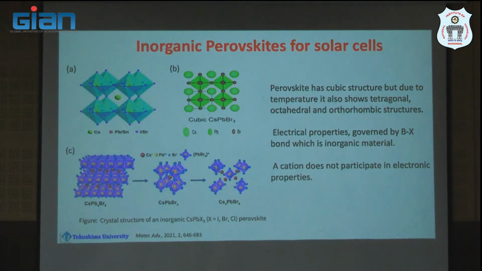This material is basically cubic form, but due to temperature it also occurs in different forms such as tetragonal, octahedral, orthorhombic structure. Basically they are cubic form, but they can be found in various forms like tetragonal, which has 4 atoms, octa, which forms an octagon shape, and otherwise orthorhombic.